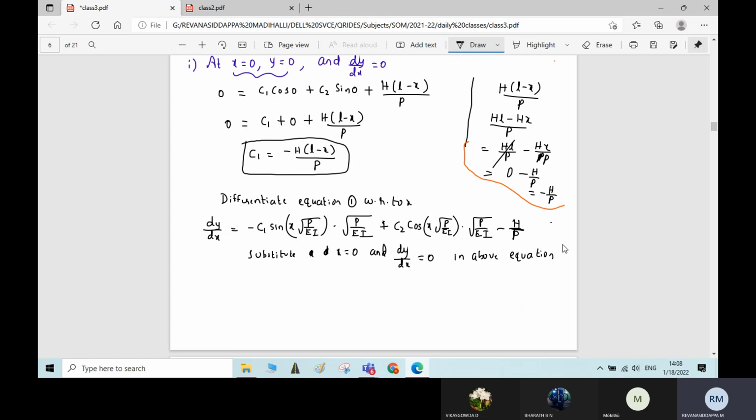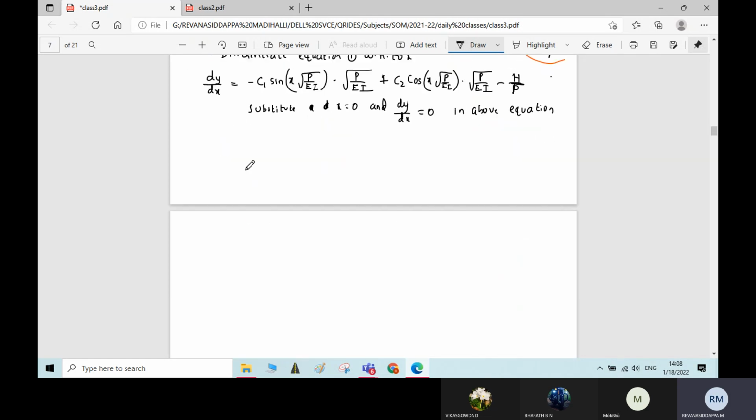So dy by dx equal to 0 is equal to minus c1 sin 0 plus c2 cos 0, minus h by p.